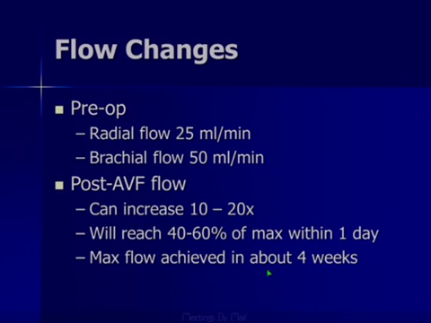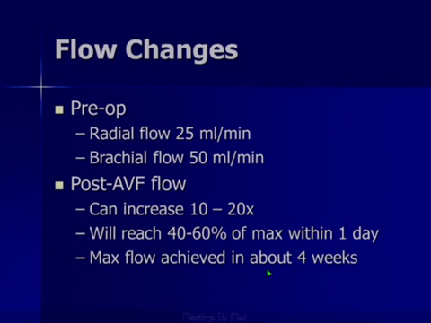The flow changes we observe on ultrasound, interestingly enough, if we were to look at pre-op flow values in radial or brachial arteries, they're pretty low, 25 and 50 respectively. Immediately after creation of that fistula, within about a day, most grafts will reach about 40 to 60% of their maximum flow rates, which honestly, that's not something I knew before.